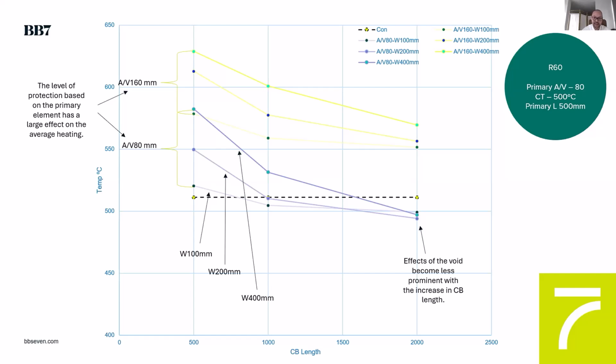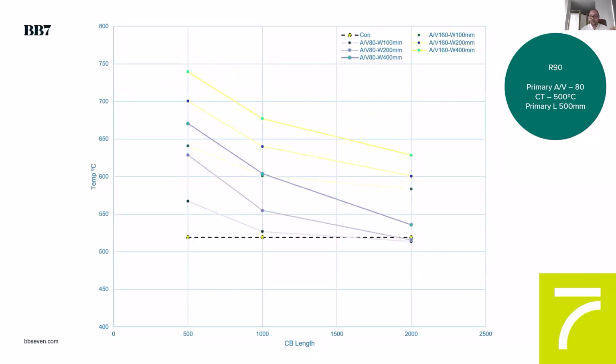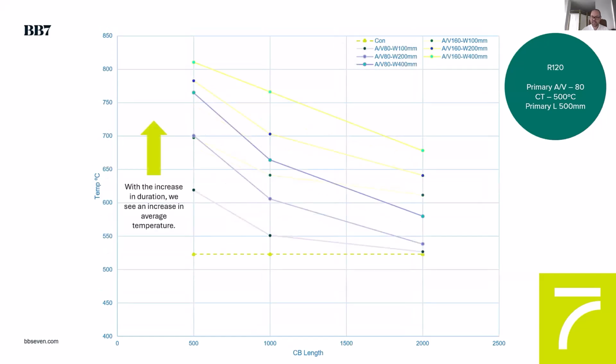We saw that the behavior was much worse than we'd have expected for the coat back rule. And we also checked this for different fire durations, and as you might expect, all that happened is that the trend is pushed up. You can see that based on the control, we went from maybe 1,000 millimeters to now 2,000 millimeters. And this was the same for R120. We're seeing a trend that we would expect to see.